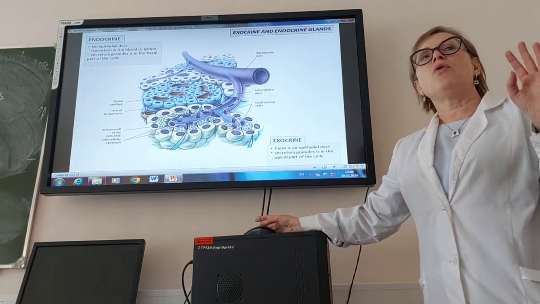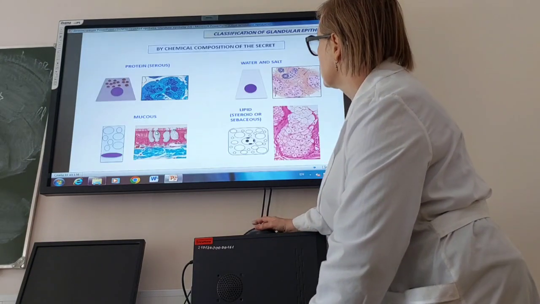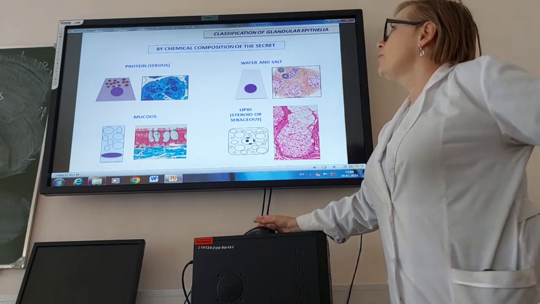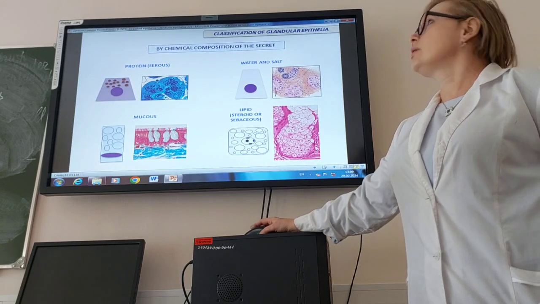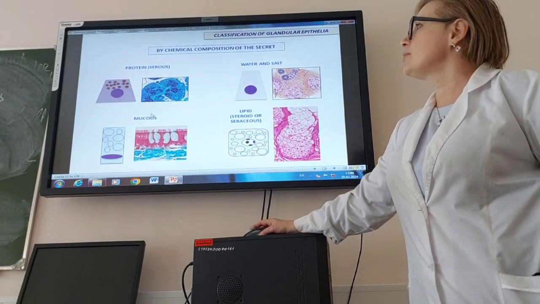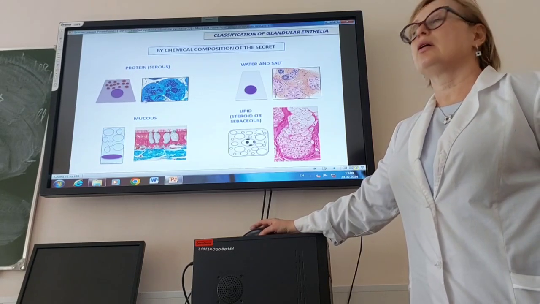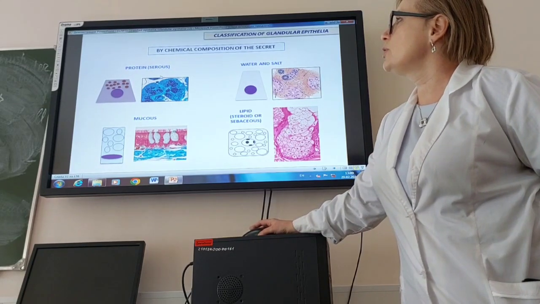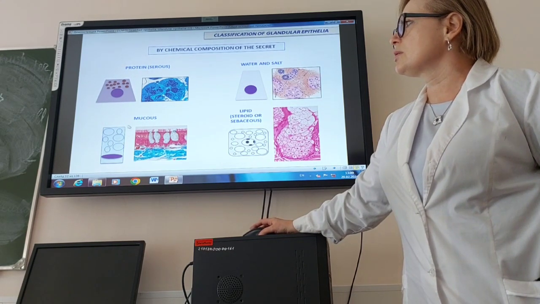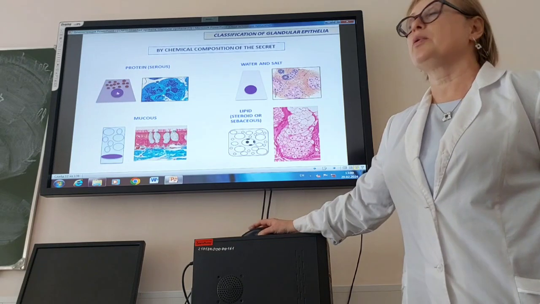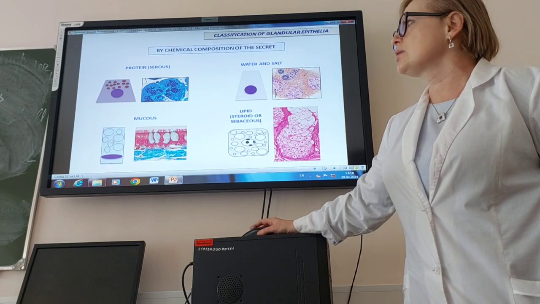In our organism, we can classify glandular cells that produce chemical substances according to the chemical nature of these substances. If a cell produces protein, it looks like this. If it produces mucus, it looks like this. That's why we can identify a protein-secreting or serous cell, and a mucus-secreting cell.